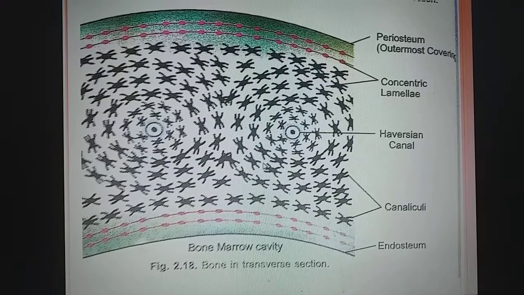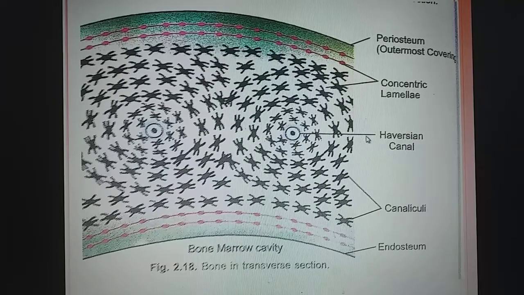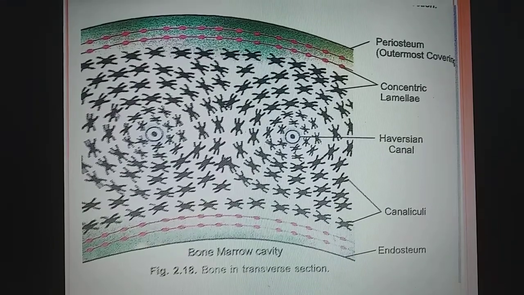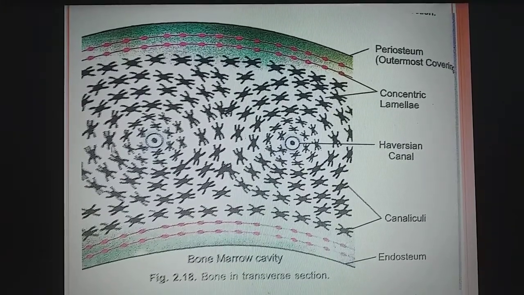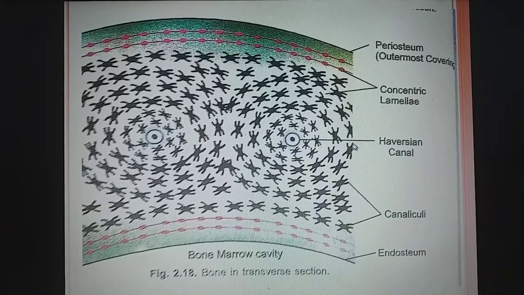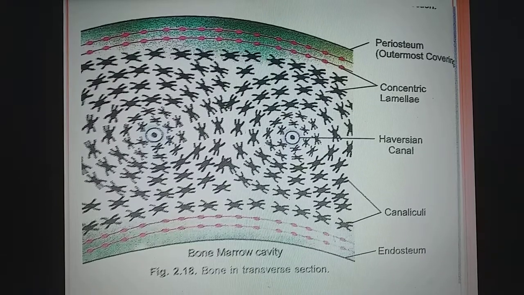See here the diagram of this bone. These are the Haversian canals. The matrix as well as the osteocytes or bone cells occur in concentric rings or lamellae. See this, there you will find the ring-like structures. These ring-like structures are known as the lamellae, around the nutrient-filled Haversian canal.